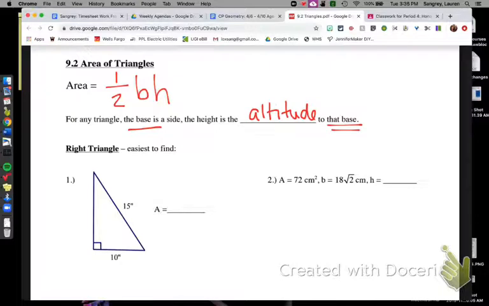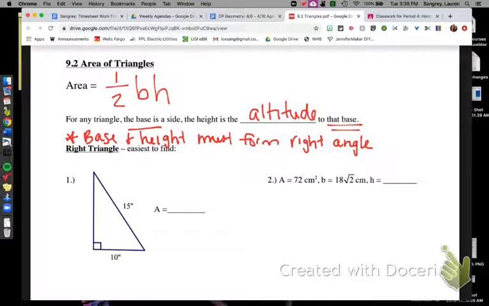Okay, so whatever you are calling the base, the height must be making a right angle with it. So I'm going to put that down. The base and the height must form a right angle together. Okay, so make sure of that when you identify your height and your base.